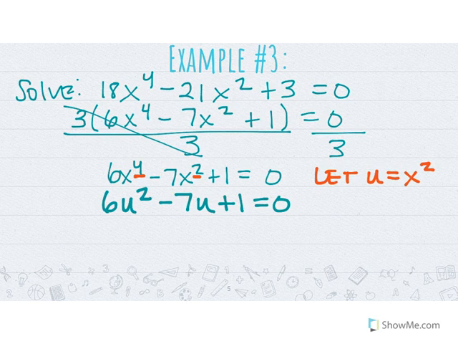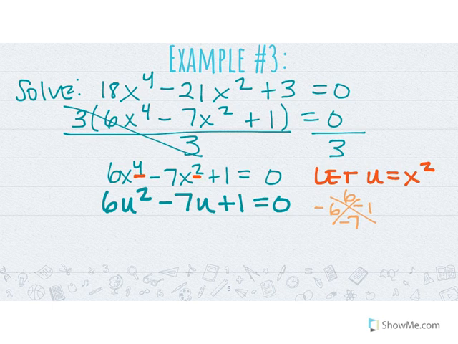I already took out my GCF, I have 3 terms again, so now I'm going to be using my AC method over here on the side. So 6 times 1 is 6, negative 7 goes as my b value. I'm trying to determine two values that will multiply to 6 but add to negative 7, so these actually have to be both negative: negative 6 times negative 1 is positive 6, and negative 6 minus 1 is a negative 7.